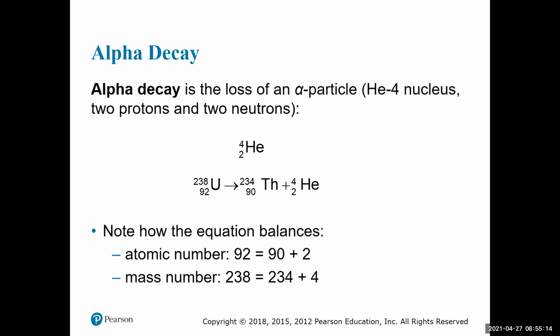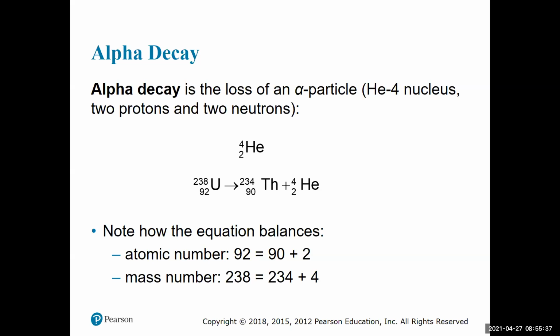And it's losing that. So in this case, we have U-238. If it's losing 4, there's our 4 for the mass number, that puts it down to 234. And it's losing 2 in terms of atomic number, so it goes from 92 to 90.